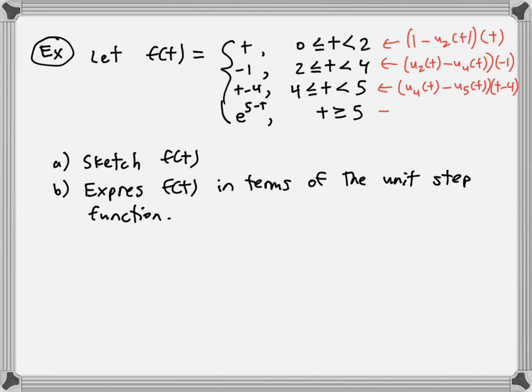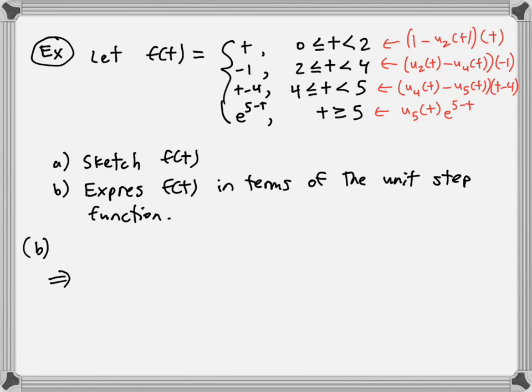And then finally here, we're turning on at 5 and we're never turning it off, so it's just going to be u5 of t and then e to the 5 minus t. Okay. So then we add all of the above together and we get the following. So this is for part B.